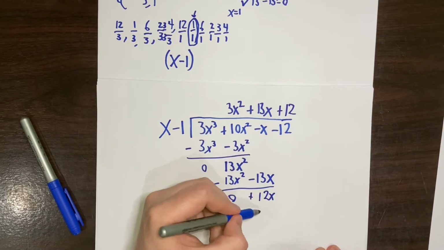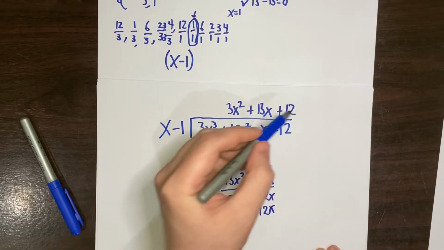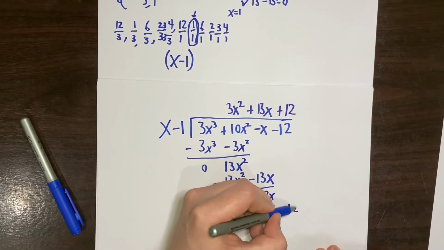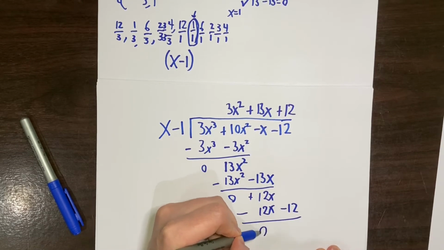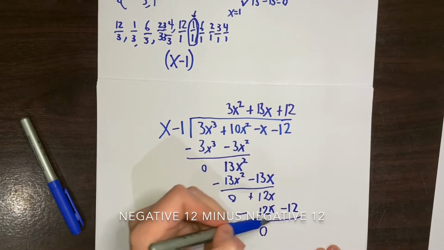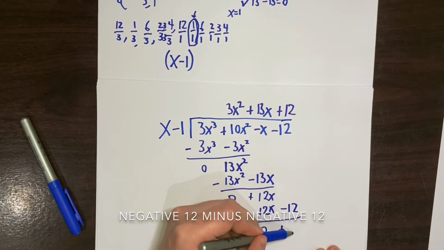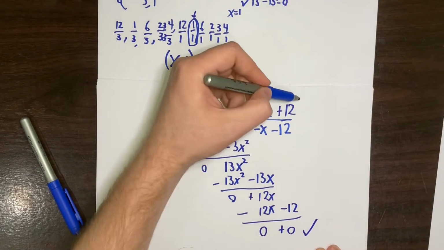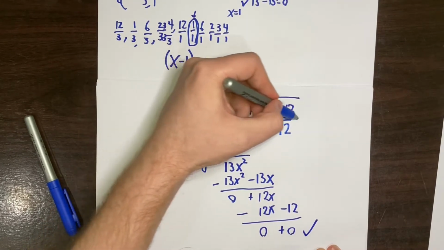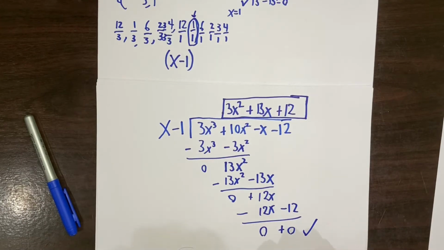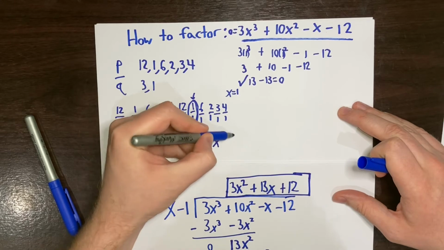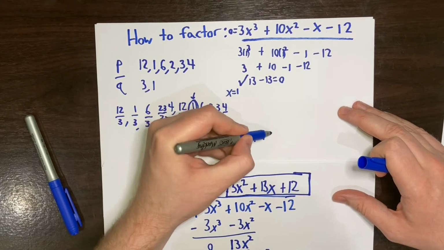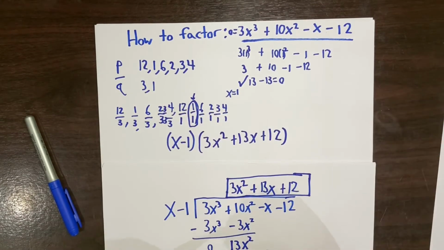X times 12 is 12x. Negative 1 times 12 is negative 12. 12x minus 12x is 0. Negative 12 minus negative 12 is also 0. So we have no remainder. This is our final divided form. So let's copy that now onto our original page: 3x squared plus 13x plus 12. And I'll get rid of this extra division page.